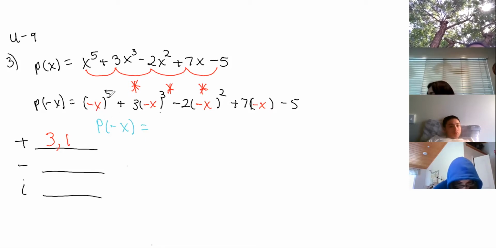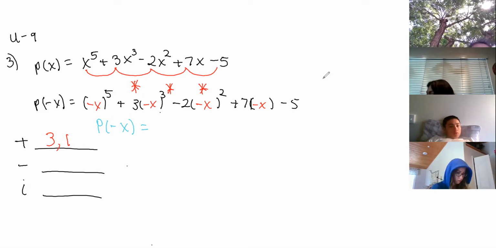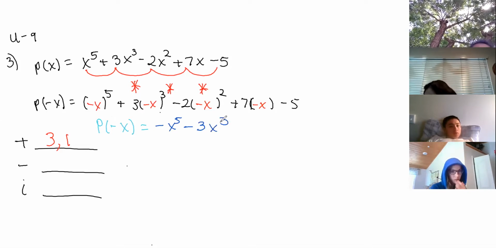Negative x to the 5th is going to stay negative or become positive? It will stay negative. Negative x to the 5th. And then negative x cubed is going to make that positive a negative, so minus 3x cubed.